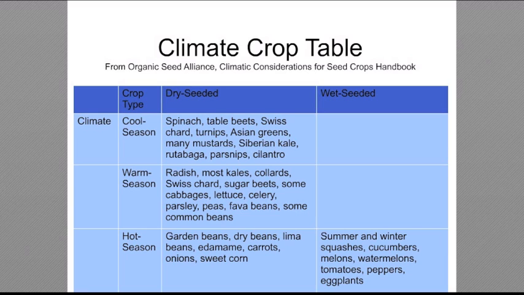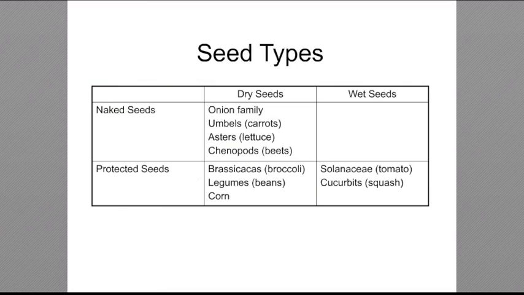The other way to think about it is also how the crop is protected. Some seeds, like the Umbelliferae family, which includes carrots, coriander, dill, are just sitting there on the top of the plants. They're not protected by anything, so they're called naked seeds. And these are seeds that are exposed to all the humidity and all the weather.